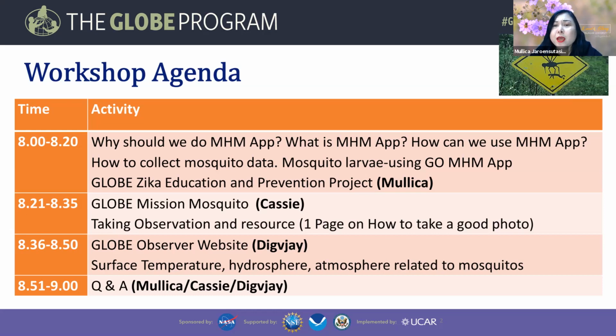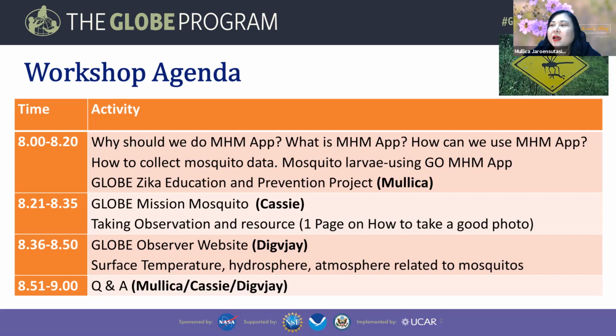How can we use the Mosquito Habitat Mapper app? How to collect mosquito data? Then we will talk a little bit about the Globe Zika Education and Prevention Project. Then Casey will take you to the Globe Mission Mosquito, taking observations and resources, and how to take a good photo, because a good photo means a lot to us.